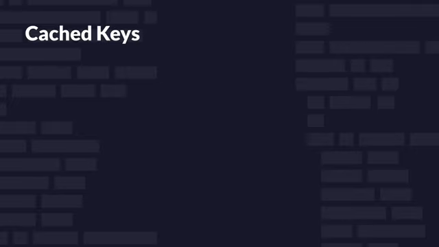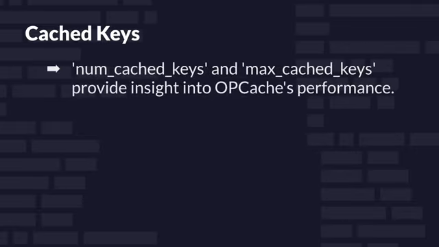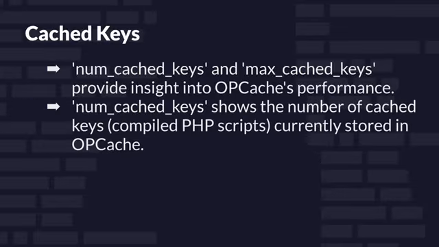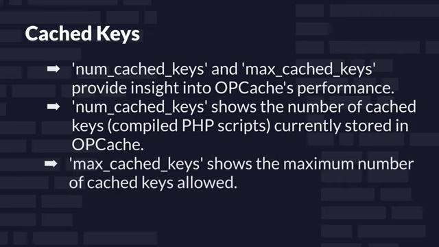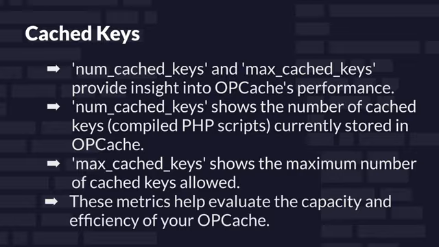Both num_cache_keys and max_cache_keys are metrics that provide insights into the number of cached keys, compiled PHP scripts, currently stored in the opcache, the num_cache_keys, and the maximum number of cache keys allowed, the max_cache_keys. By comparing these values, you can identify if the cache is nearing its capacity or if adjustments are needed to optimize the cache size.